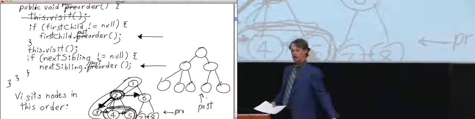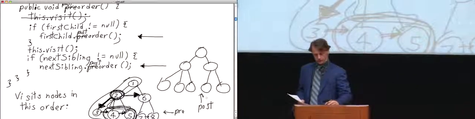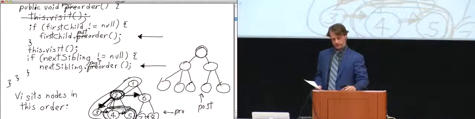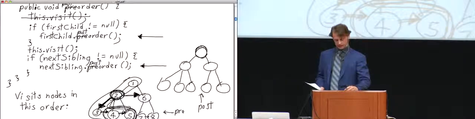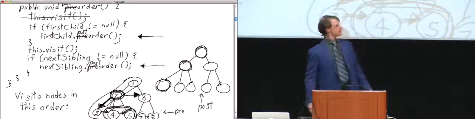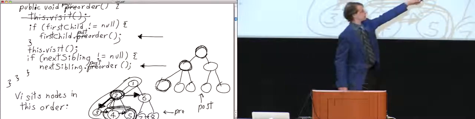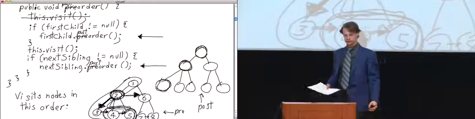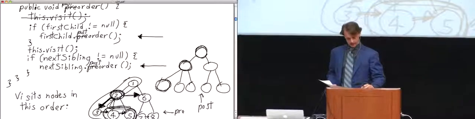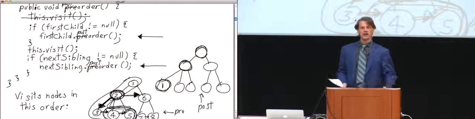So we call post-order on the root, but we don't actually visit the root yet. We call post-order recursively on its first child, which calls post-order recursively on its first child. And then, since that one has no child of its own, now it can visit itself. So the node that gets visited first is actually this one, at the far lower left.